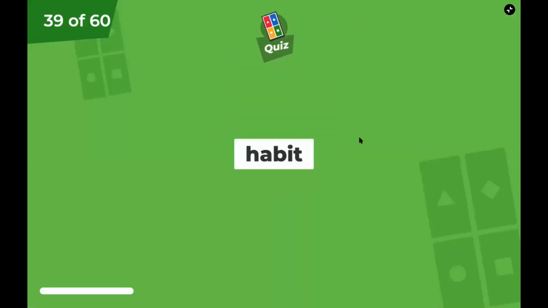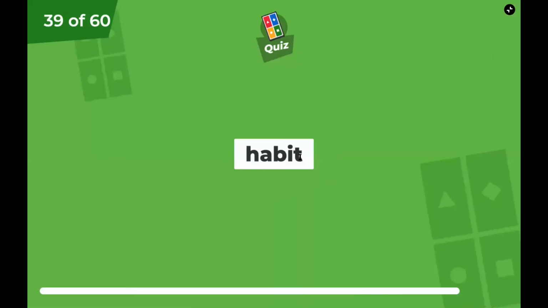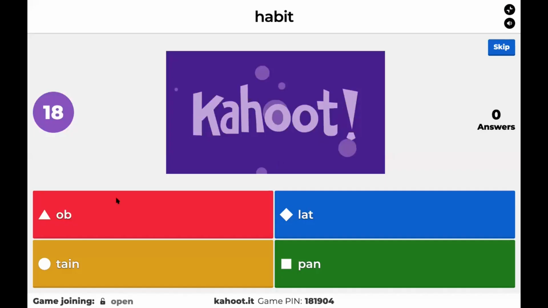Habit. Red is odd, blue is lat, yellow is cane, and green is pan.